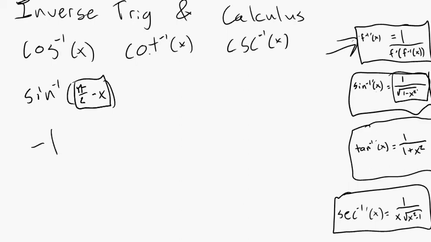And then same thing for cotangent inverse. That's simply tangent inverse of pi over 2 minus x. So it's the same times the inner derivative, negative 1. And same thing for cosecant. And that is all. Hopefully you have a better understanding of why inverse trig derivatives are the way they are.